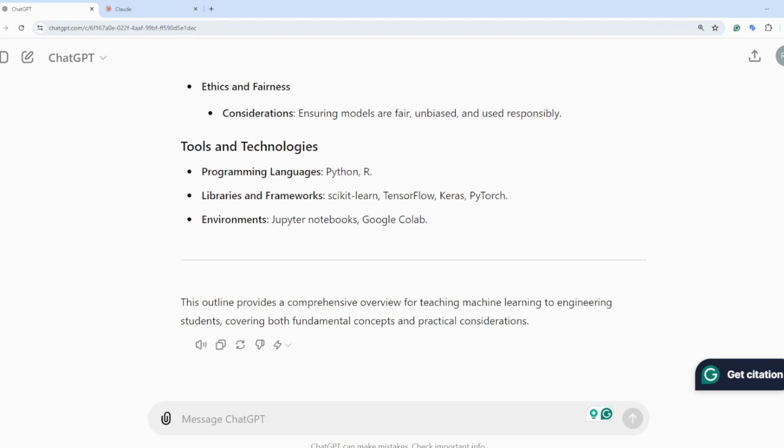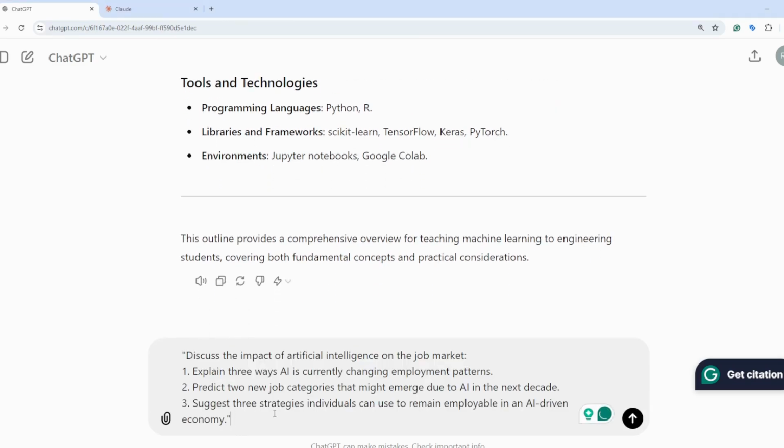So the last prompt I would like to give is a multi-part prompt. If you have a complex problem and you want to give this prompt to ChatGPT, by dividing it into different steps you will get the answers accordingly. Discuss the impact of artificial intelligence on the job market. Explain 3 ways AI is currently changing employment patterns.